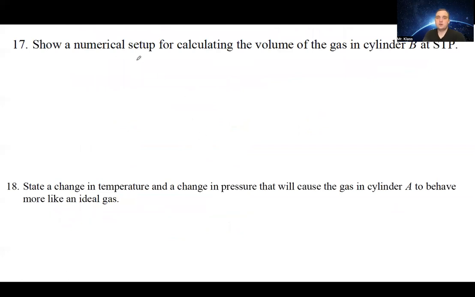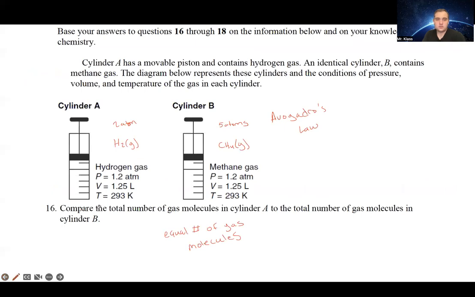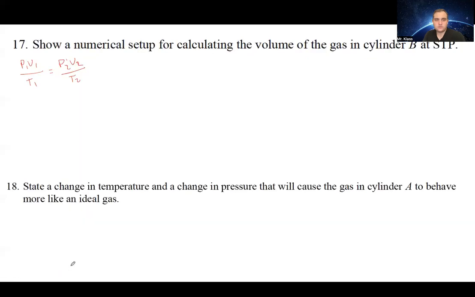Okay, show a numerical setup for calculating the volume of the gas in cylinder B at STP. Right off the bat, we know we're going to have to use our combined gas law equation. These should be 2's, my apologies. Okay, so let's go back. 1.2 atmospheres, 1.25 liters, 293 Kelvin.